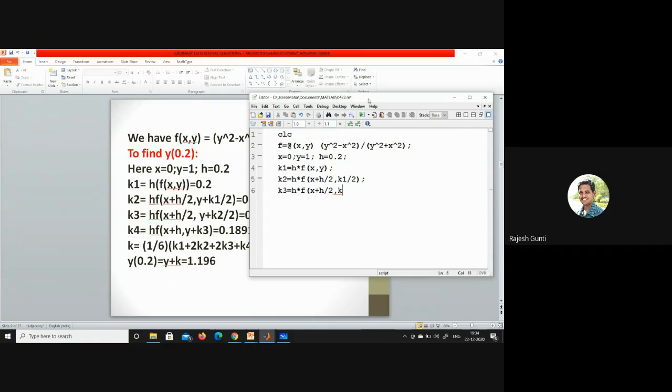Then K3 will come as direct K2 by 2. K4 will get K3. K4 is equal to h star f of x plus h comma y plus K3.